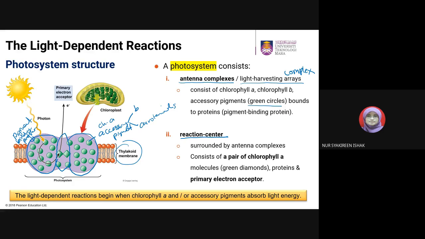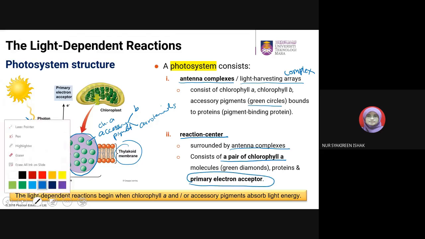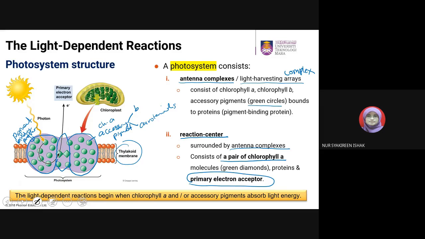The reaction center is surrounded by antenna complexes and consists of a pair of chlorophyll A, the green diamonds, proteins, and also a primary electron acceptor. So here in the reaction center we have the primary electron acceptor.